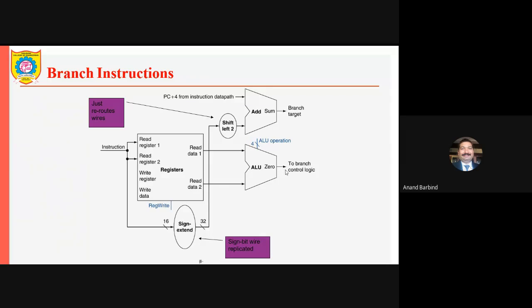This will be given to the branch control logic. So it will decide whether the branch is to be taken or not to be taken. That means whether this particular adder is now going to calculate the target address, so whether this address is to be stored in the PC or the address calculated by the previous adder is to be stored into the PC.